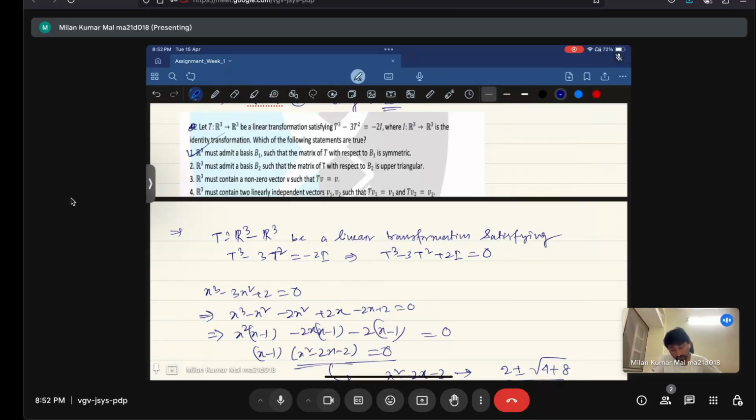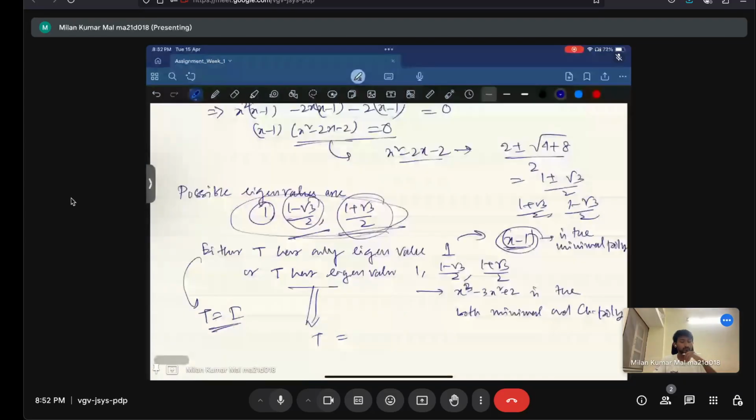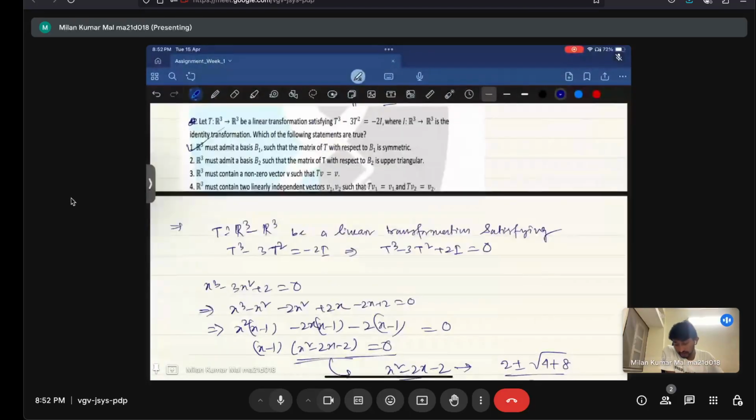And the second one is, no. Sorry, I think I made a mistake. So the minimal polynomial is either... Let T be a linear transformation satisfying T cube minus 2T square equals minus 2 times identity.